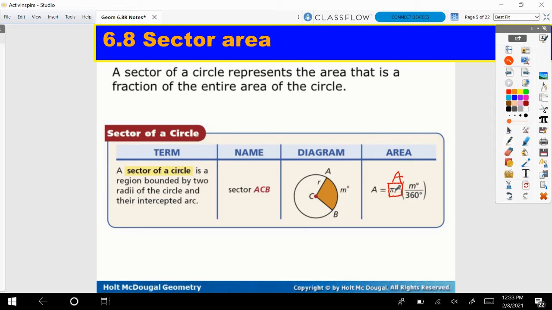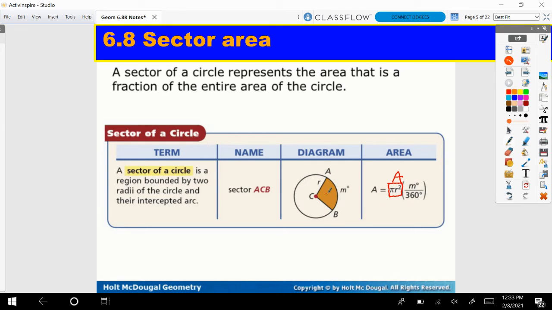They take that and multiply it by this fraction, real similar to what we did in 6.7. This fraction is the measure of the arc divided by 360. Basically, this fractional part of the whole entire circle is what you're multiplying the area by.